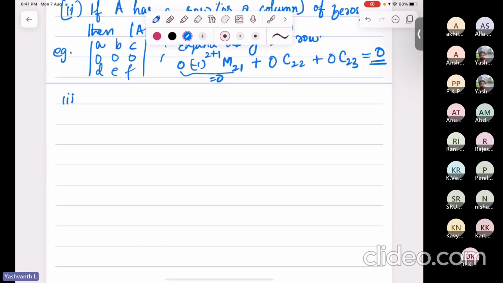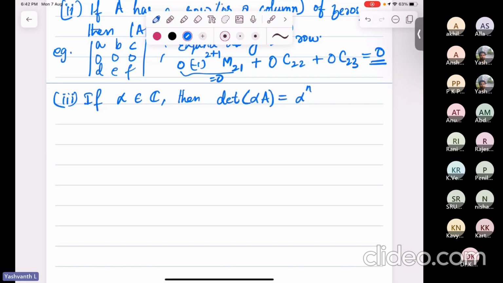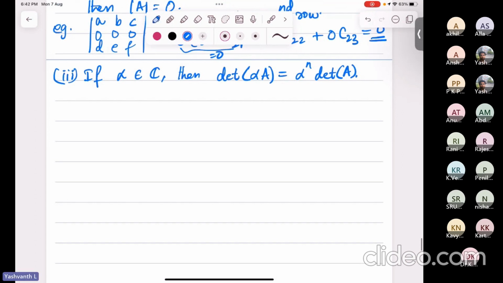Next, third property. If alpha is any scalar belonging to the complex field, then determinant of alpha A equal to alpha power n into determinant of A. And A is a matrix in C to the n by n.